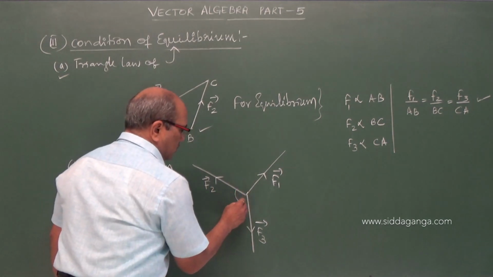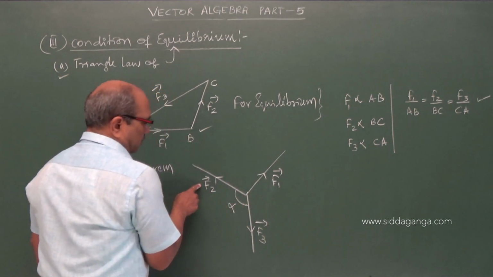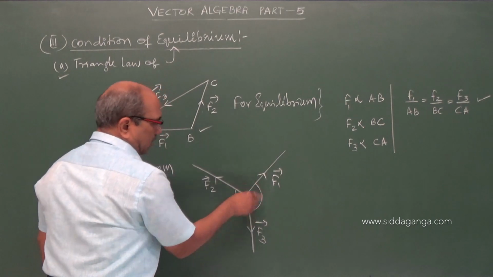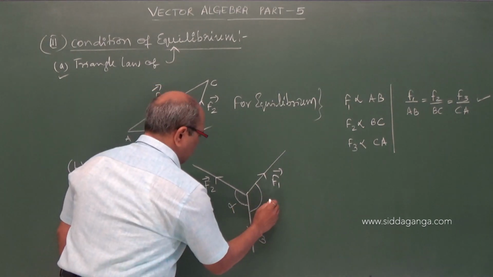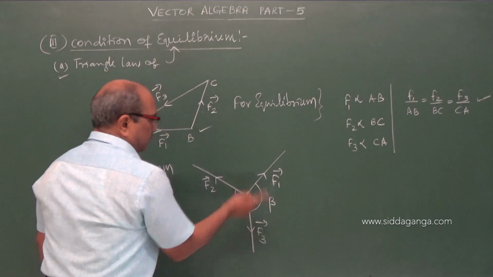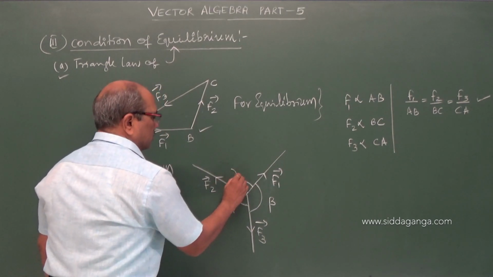Opposite to F1 is the angle alpha, for F2 the angle between the other two vectors is beta, and for F3 the angle between the other two is gamma.